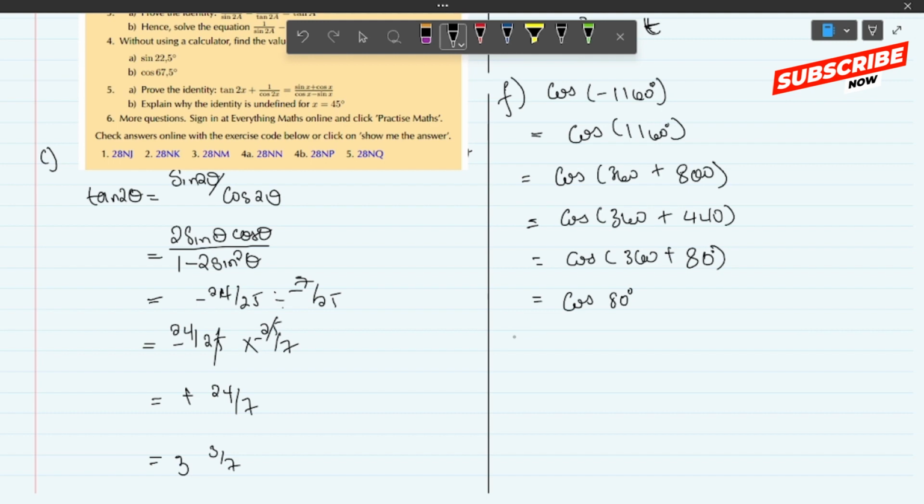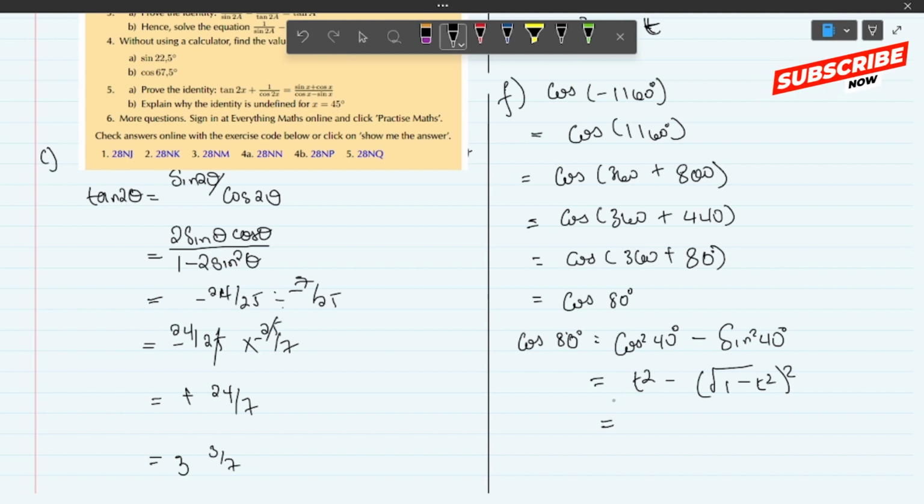And you know cos 80 degrees is cos squared 40 degrees minus sine squared 40 degrees, which is equal to t squared minus the square root of 1 minus t squared, squared, guys.